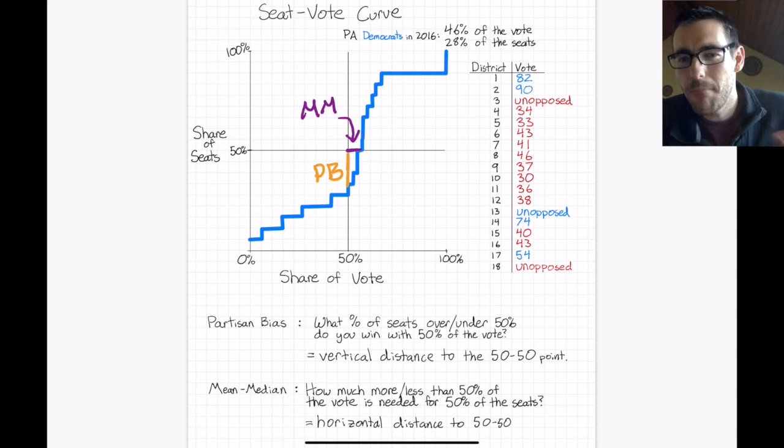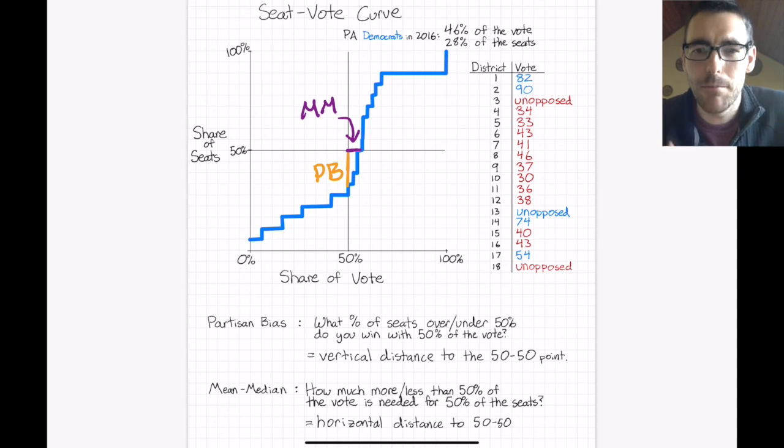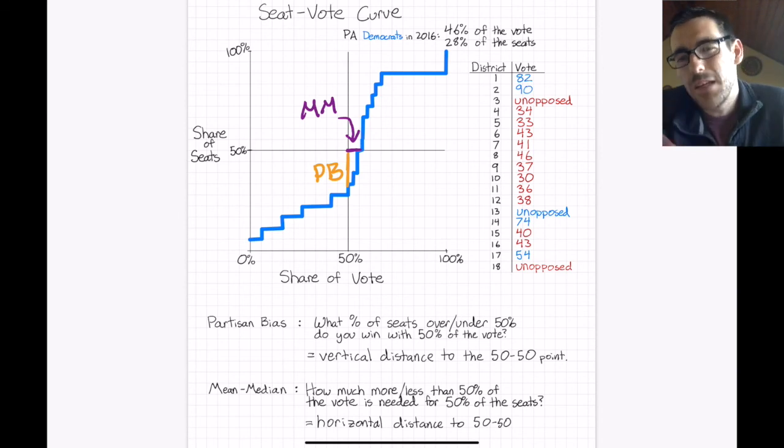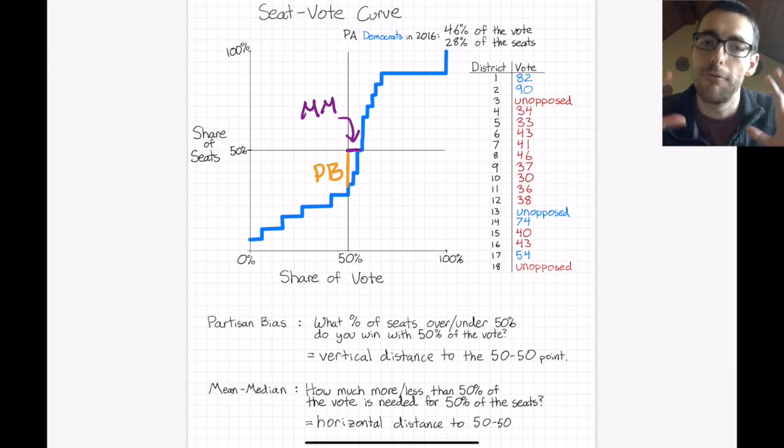Some amount of variation from exactly normal is expected, but when we have particularly extreme scores in things like partisan bias, mean median, or any of these other metrics, that can be an indication that there was, in fact, some gerrymandering, that the map is rigged beyond what's expected for a particular party.